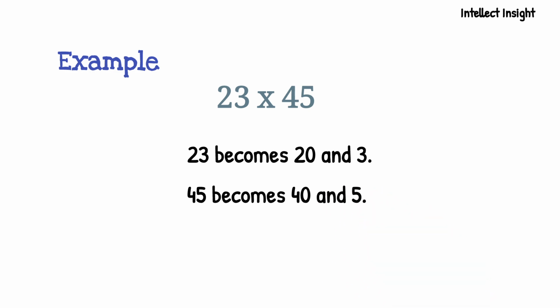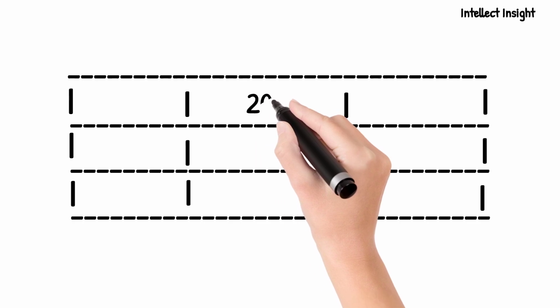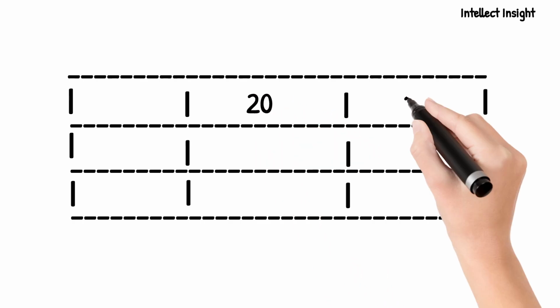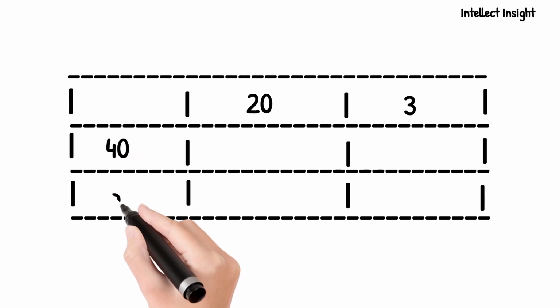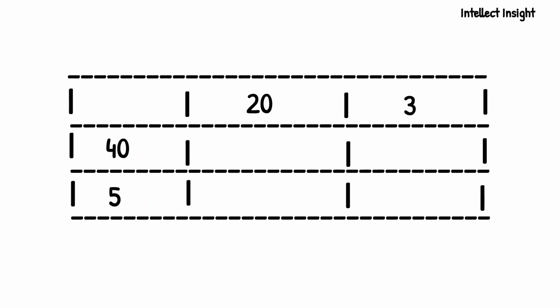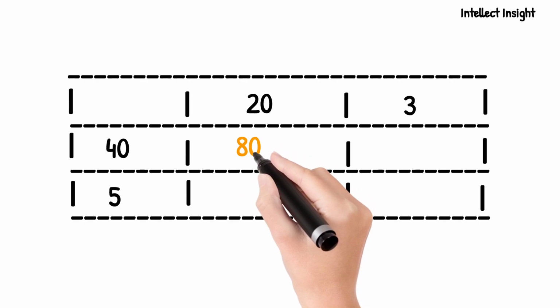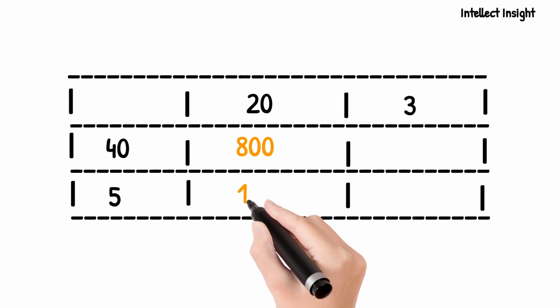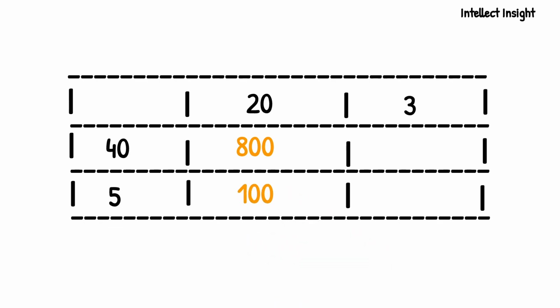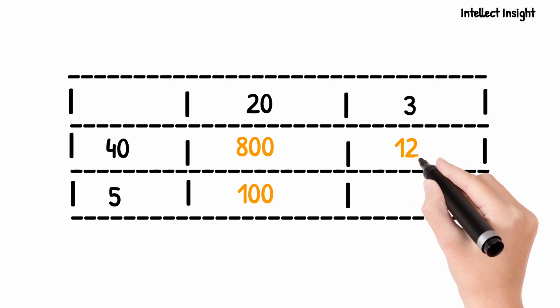Now draw a grid and put these parts at the top and side. The grid should look like this. 20 and 3 on top and on the side 40 and 5. Now multiplying each combination, like 20 multiplied by 40 is equal to 800. 20 multiplied by 5 is equal to 100. 3 multiplied by 40 is equal to 120.